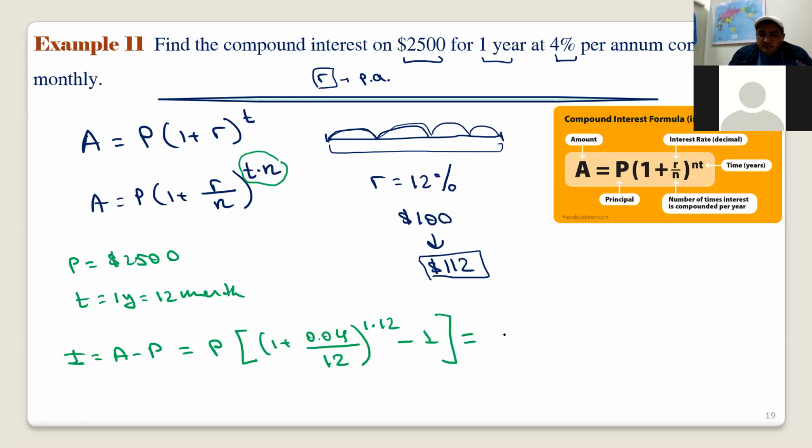That's equal to $101.85. So in 1 year, if it is compounded monthly and the interest rate is 4% per year, at the end of 1 year the bank gives you this much compound interest for using that amount of money.